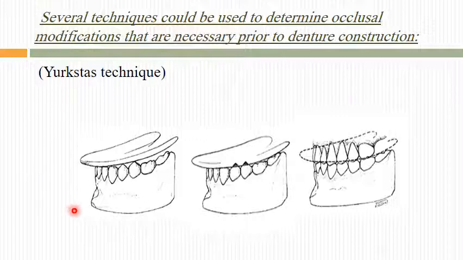In this technique, where the patient has an upper complete denture opposed by lower dentition, Yarkastas proposed the use of a U-shaped metal adapted to the occlusal surface of the lower arch, so the area of occlusal discrepancy, the high spot, will attach to the metal frame. This area will need trimming or removal until all the teeth contact the U-shaped metal.